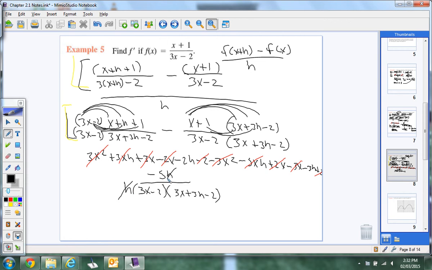H cancels, h cancels. So now we have limit as h goes to 0 of negative 5 over 3x minus 2 times 3x minus 2.